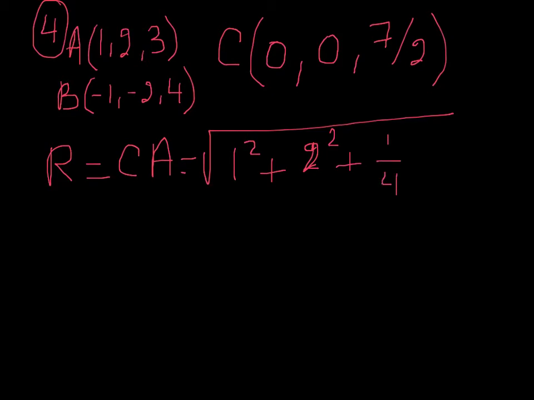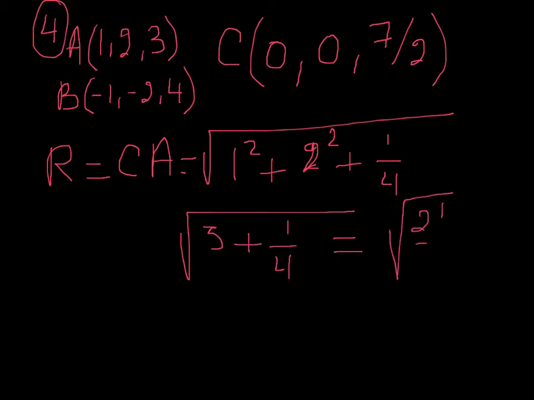Okay, so this is 1 plus 4 plus 1/4, which is going to give you square root of 21 over 4. If you reduce it, it'll get you square root of 21 over 2. That is the radius.